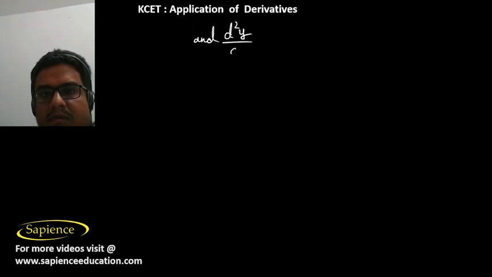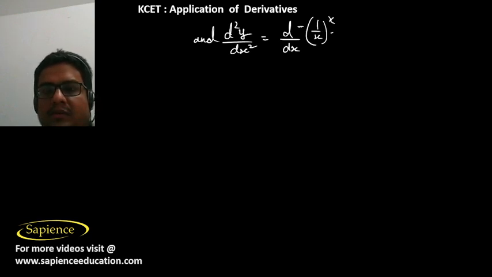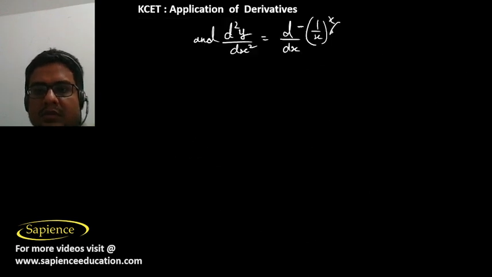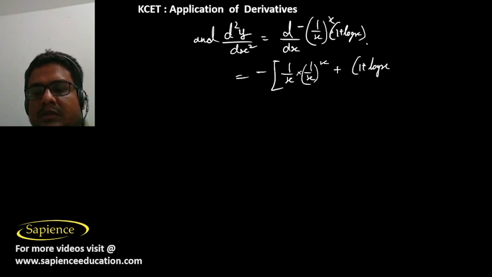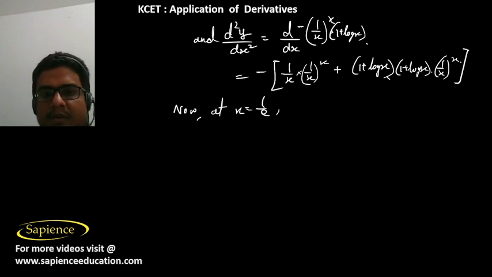Then d square y by dx of this will be d by dx. At x is equal to e, d square y.